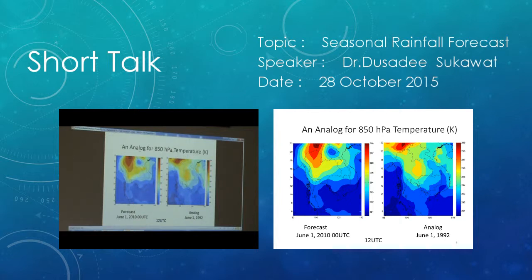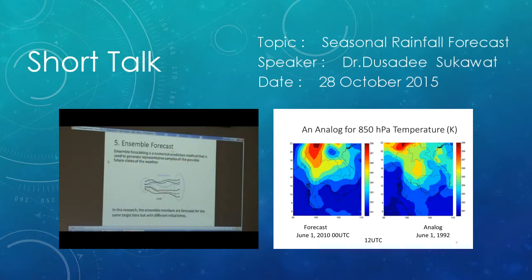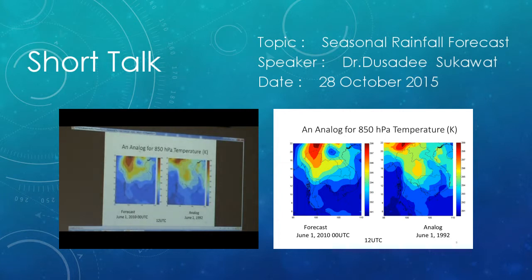So in this case, we downscale the 100 by 100 kilometer resolution forecast to the resolution of the station, which is usually about 50 kilometers or less. So that is just one day forecast.